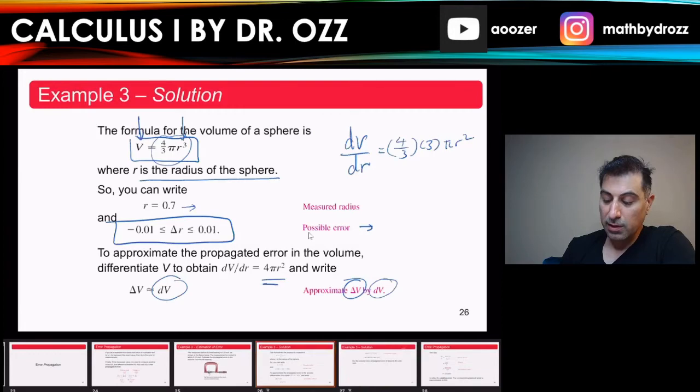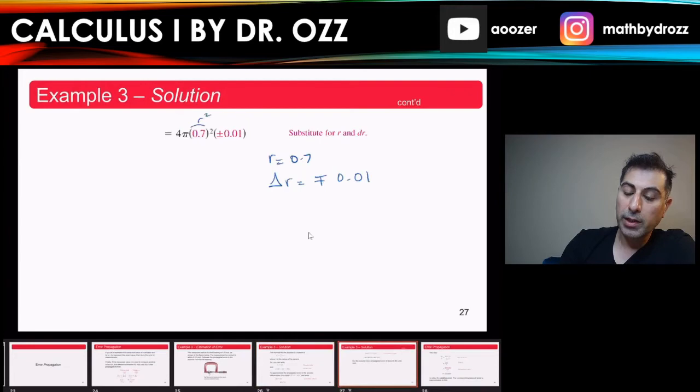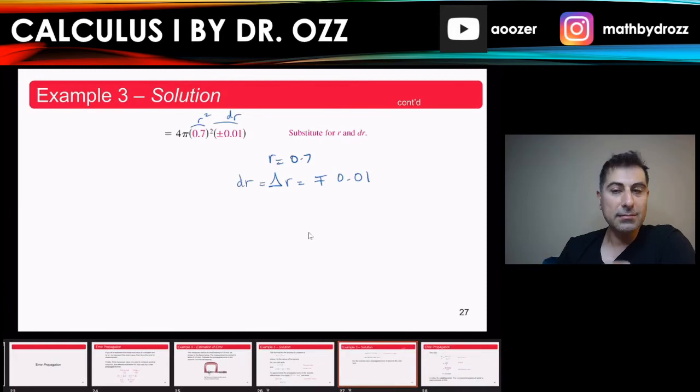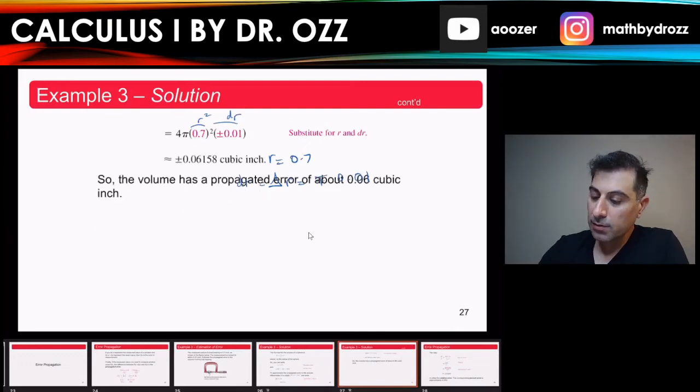Delta V, which is approximated by dV, is the derivative of V with respect to r times dr, which gives 4 pi r squared dr. Here we go. As I said, dr and delta r can be taken as the same. And what do we get here? Well, let me just clean this up a little bit.